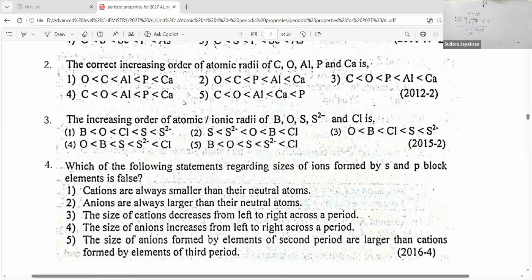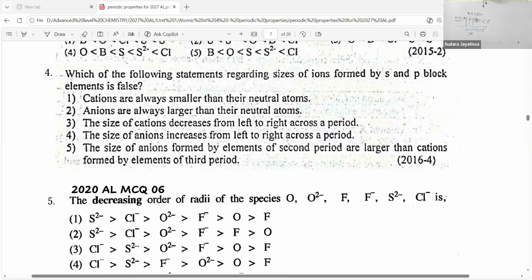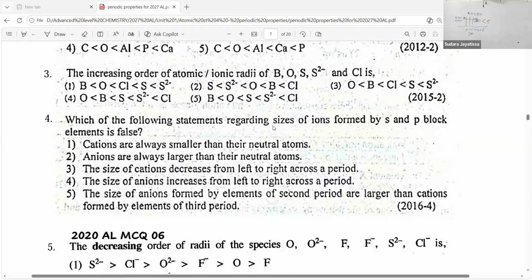Okay, then the fourth question. We'll see. Which of the following statements regarding sizes of ions formed by s and p block elements is false? First one, cations are always smaller than their neutral atoms. That is correct. Anions are always larger than their neutral or parent atoms. That is also correct. The size of cations decreases from left to right.